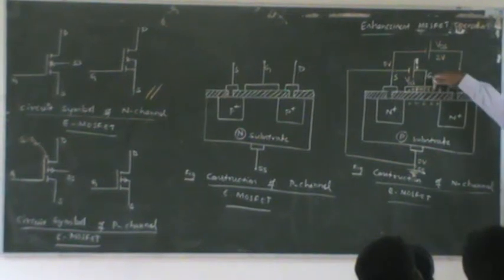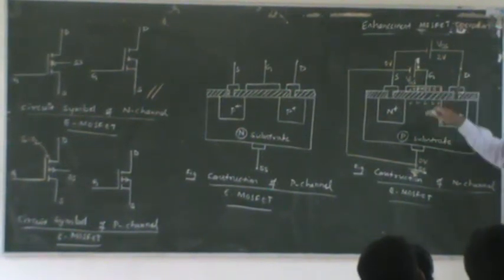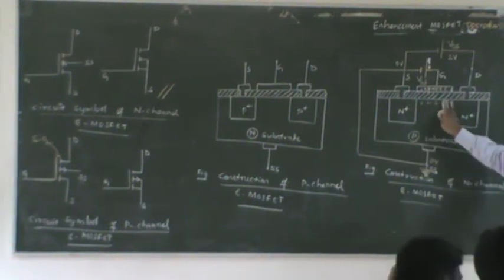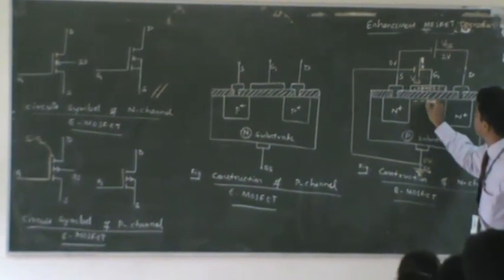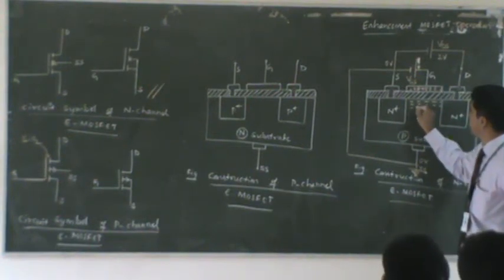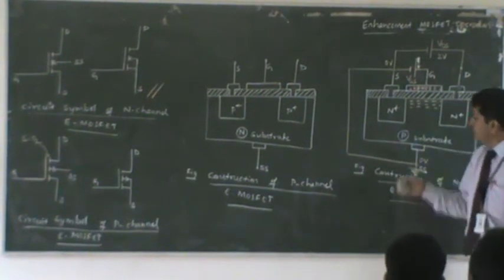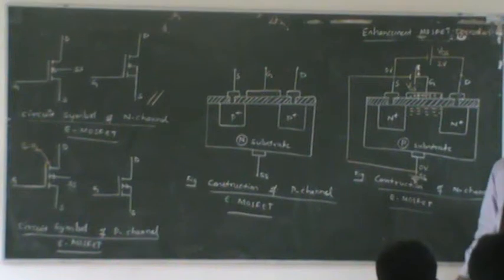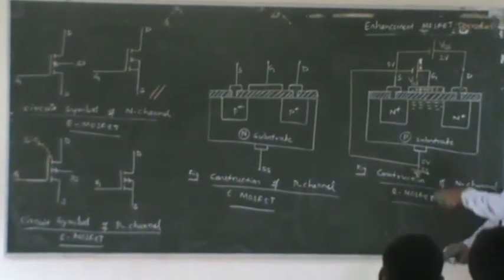Now this has enough capacity to attract electrons, which are minority carriers in the substrate. In a depletion MOSFET, there was a built-in N-type channel, but in an enhancement MOSFET, there is no channel. You have to create this path.